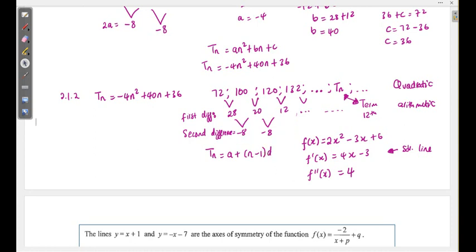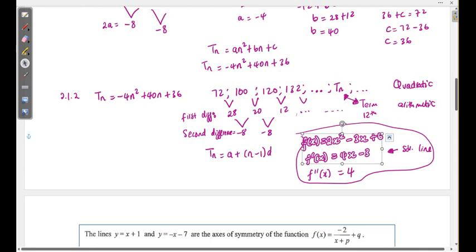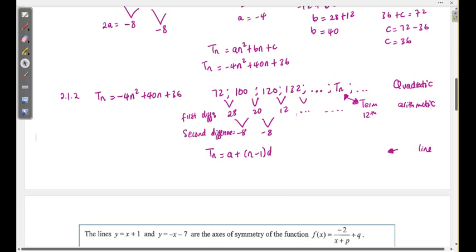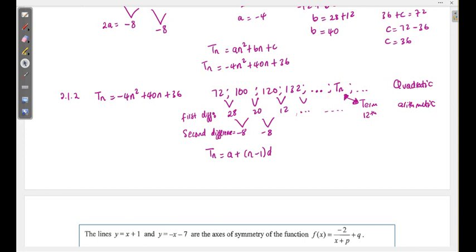So this is just a way to think of the flow of these sequences: from quadratic, to arithmetic, and then a constant difference. Relating that a bit to calculus, but we are not on calculus, so we shall continue. All right, so that is what is happening there. The first differences make an arithmetic sequence.